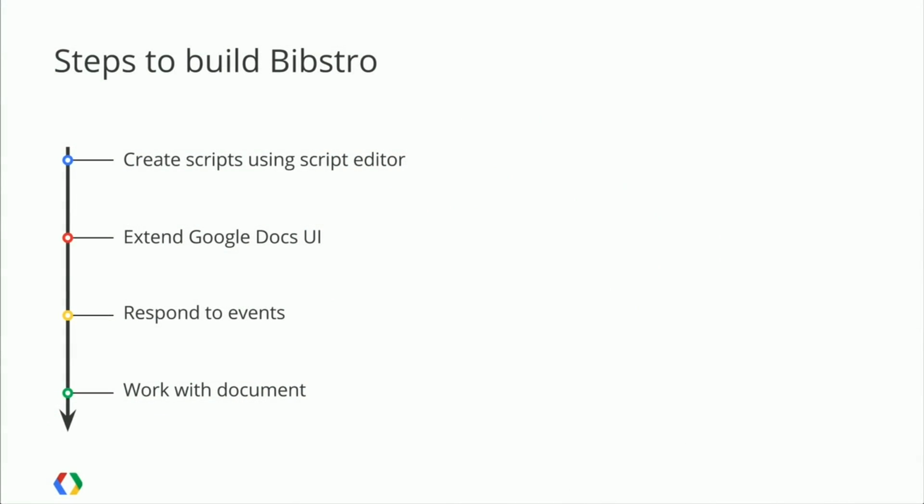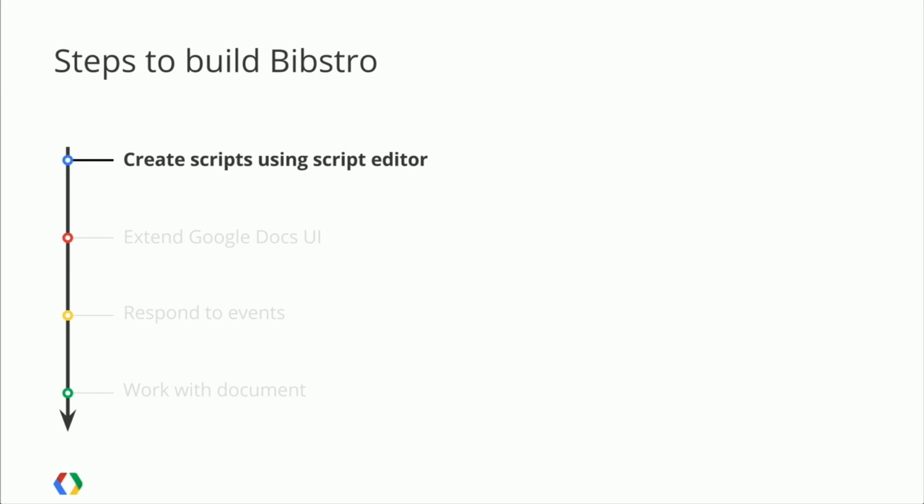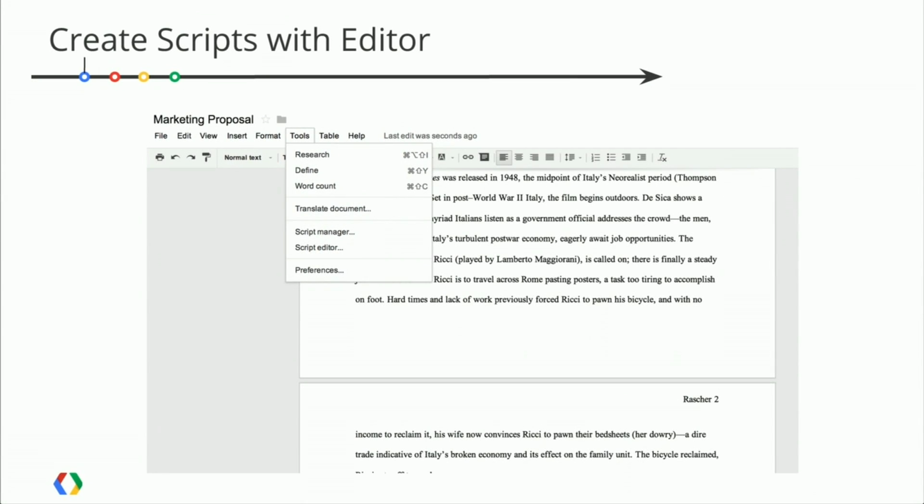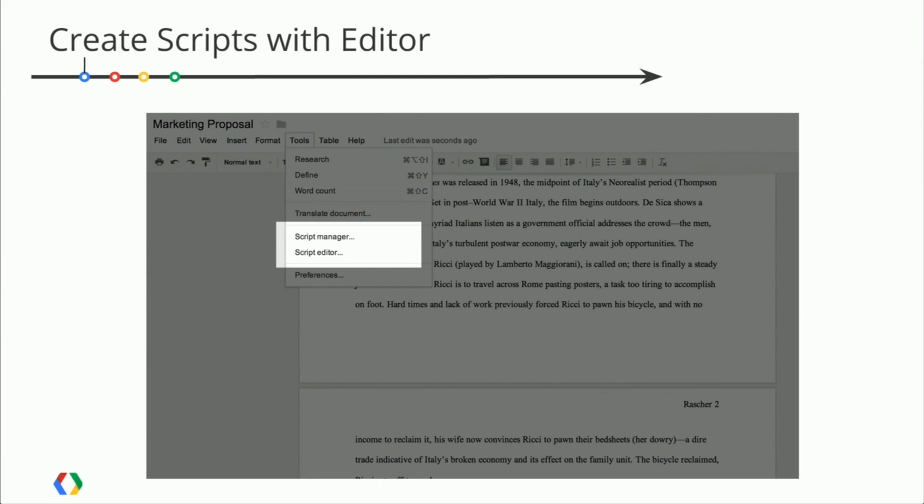So there are 4 steps in building Beepstro. The first step is that you want to be able to create scripts using the script editor in Google Docs. So this is Google Docs. You can see the Tools menu is expanded. And in the Tools menu, you will see 2 new menu options, the Script Editor and the Script Manager.